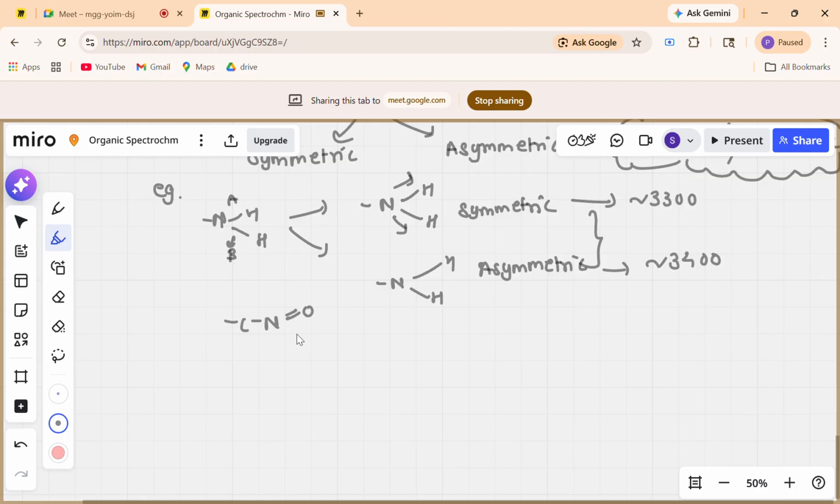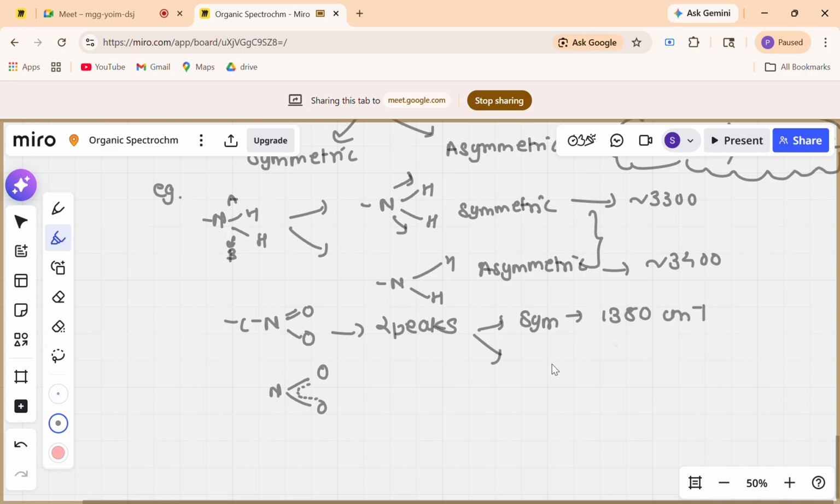Or even if you have a nitro group present in the molecule, in that case also you will get two peaks. You already know the nitro structure, right? There is resonance between the bonds, so both the bonds are almost equivalent with each other. So here also you will get two peaks.